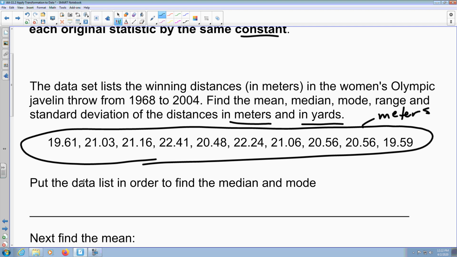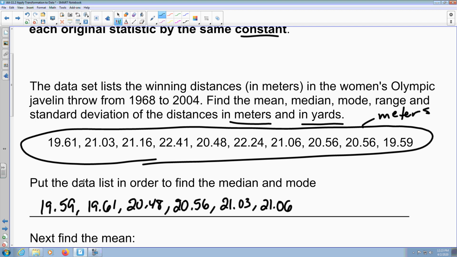So we've got 19.59, 19.61, 20.48, 20.56, 21.03, 21.06, 21.16, 22.24, 22.41.